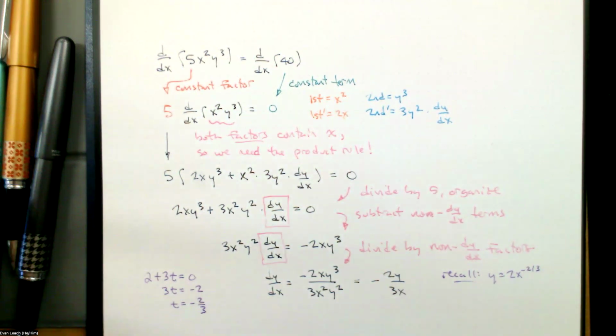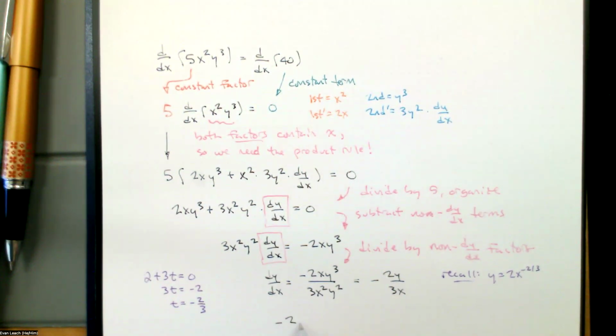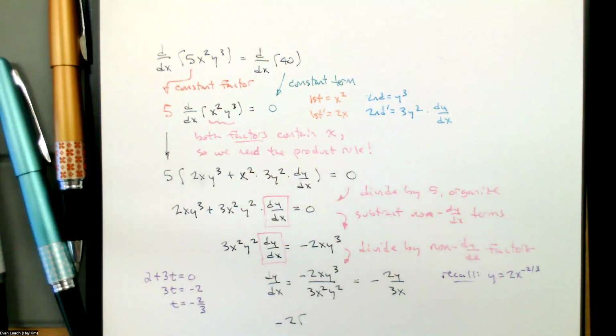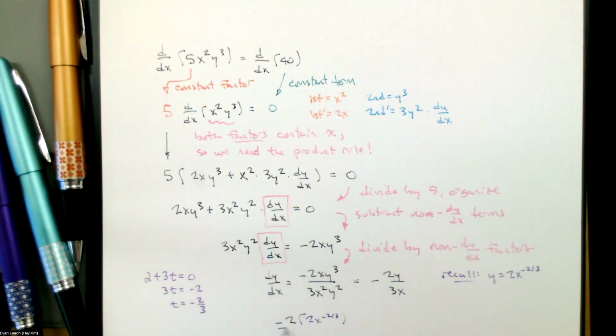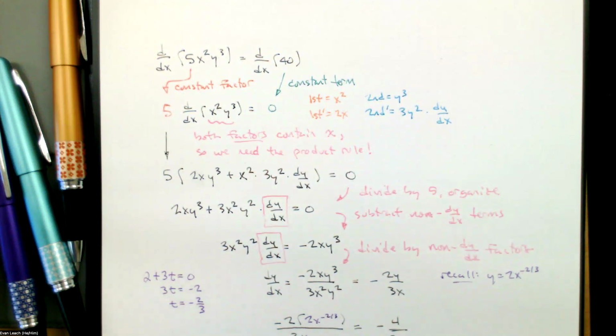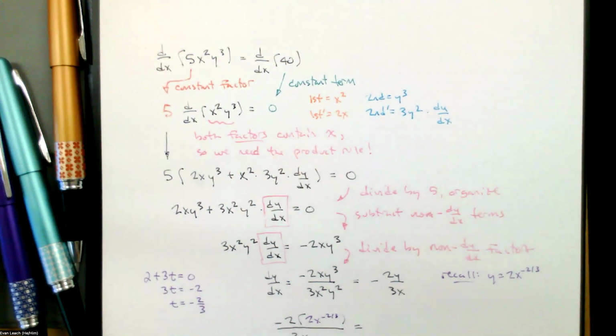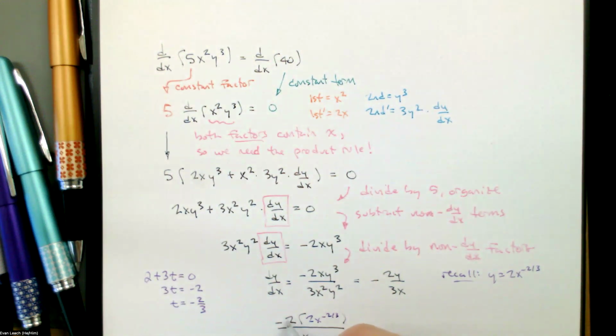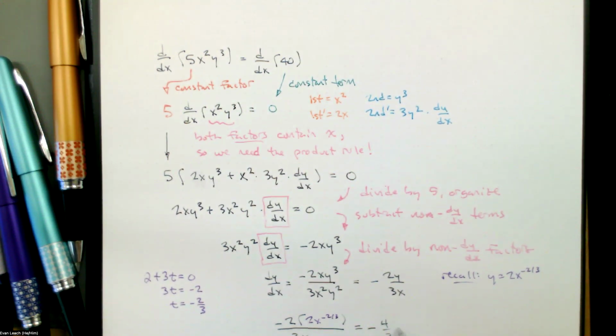And if I replace the y in here with that expression, I'm going to bring the bottom one up instead of the up one down. So I got -2 times 2 is -4 divided by 3. X to the negative 2/3 divided by x is x to the negative 5/3, which is the same expression that we had before for dy dx.